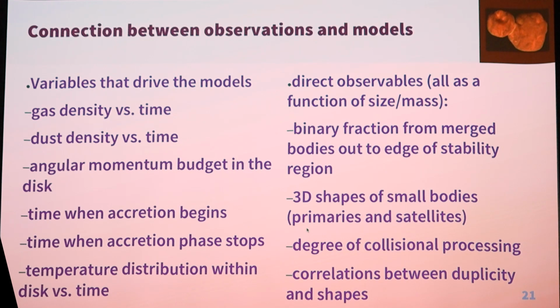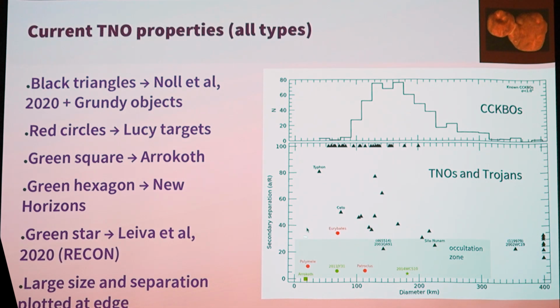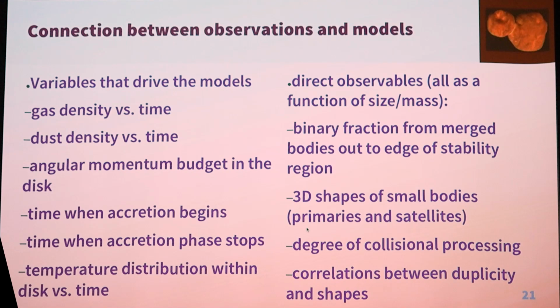Binary fraction from merged bodies out to the edge of stability. And you'll notice, I should point out, this shows you the resolution limit of the best angular resolution telescopes we have, Hubble and James Webb. And those systems are all blind to what's going on down here. So it's kind of filling in the last piece of that parameter space.